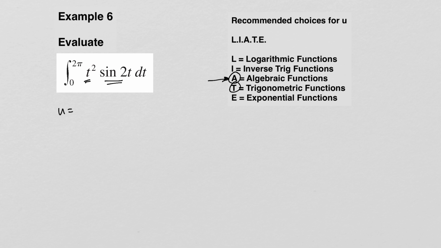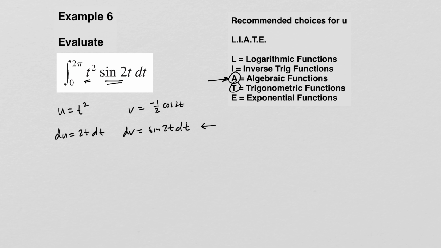So I'm going to let u be equal to t squared. dv will be the sine of 2t dt. du, of course, is 2t dt. And v is the antiderivative of the sine of 2t, and that is negative 1/2 cosine of 2t.